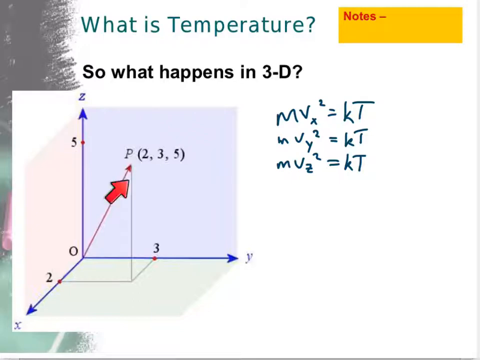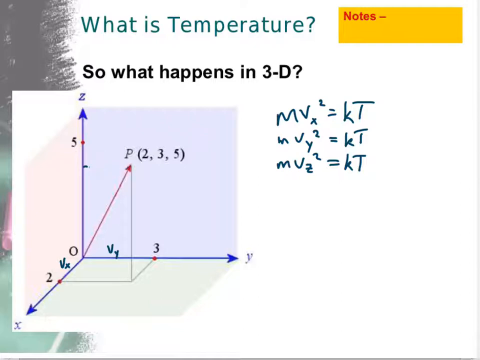So in order to get to the point 2, 3, 5 in three-dimensional space, I have to go a distance 2 in x. So we'll call this the x component of our velocity vector. I would have to go a distance of 3 in y, so let's call that the y component of my velocity vector. And then my z component, which goes all the way up here. Well, actually it doesn't go up there.